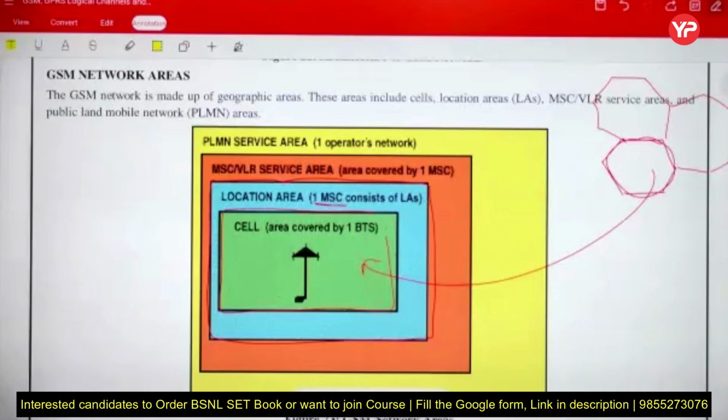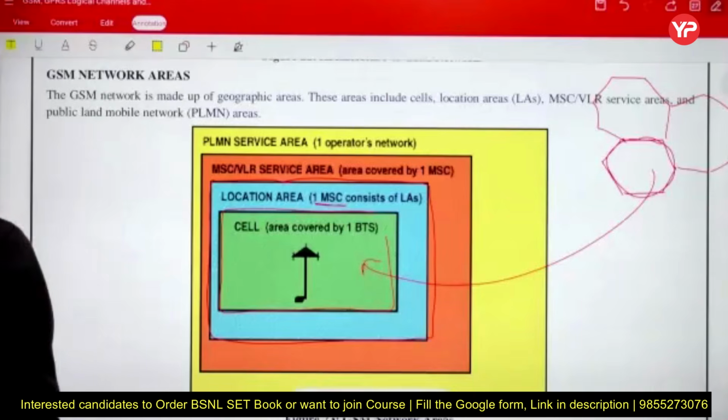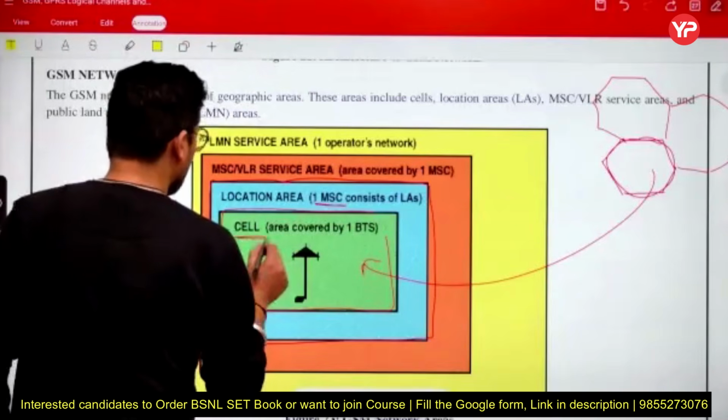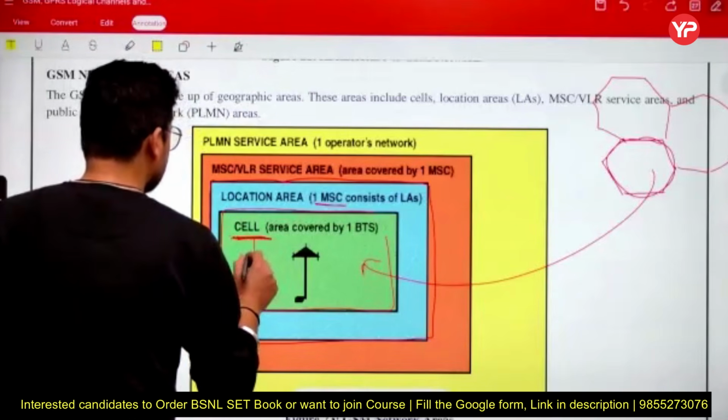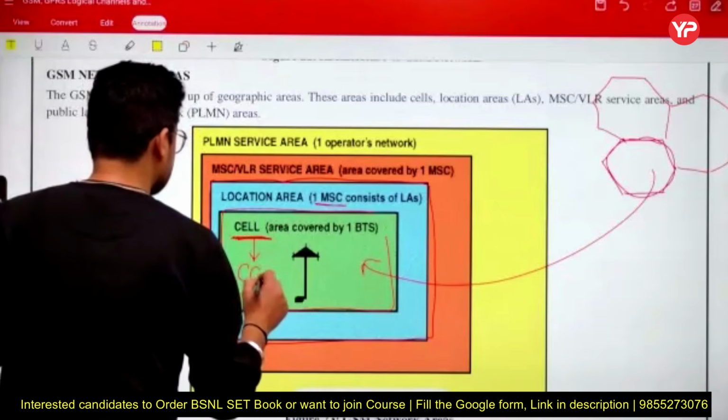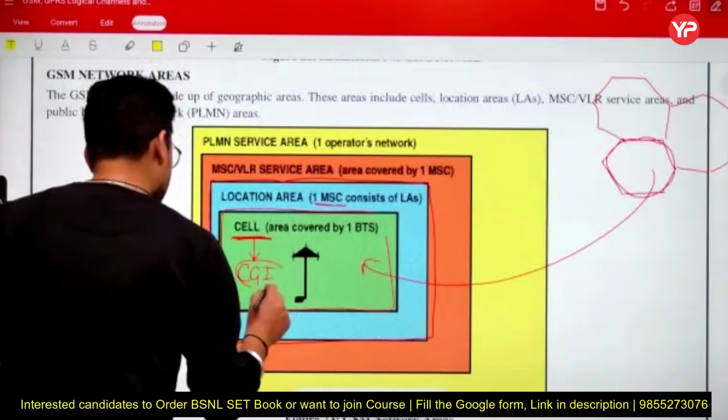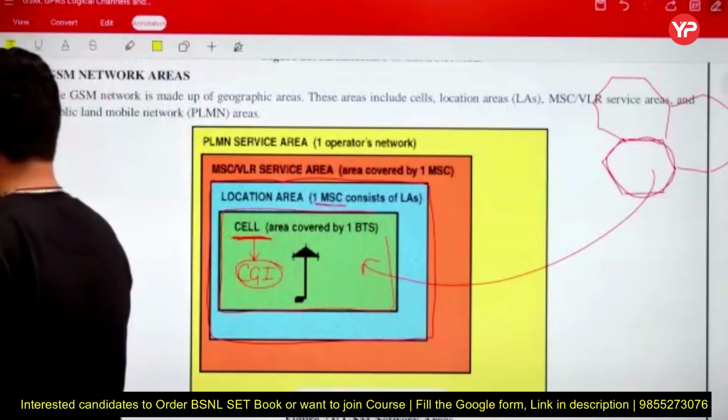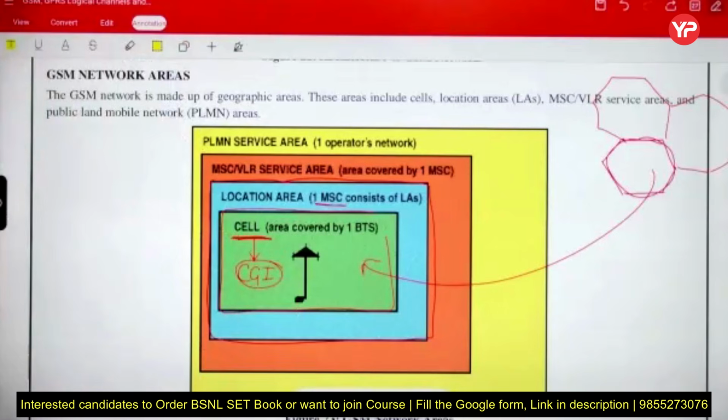Remember the name, CGI. To differentiate the complete network, how can we set up a call? How do we identify in which cell we have to connect?